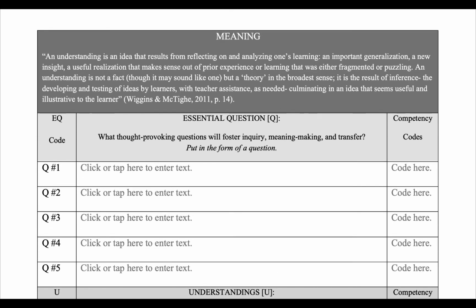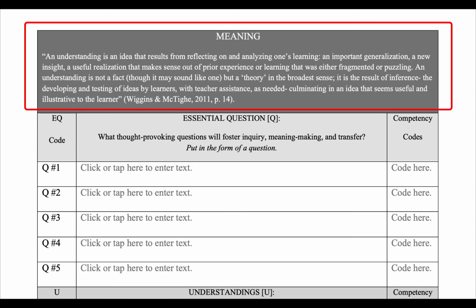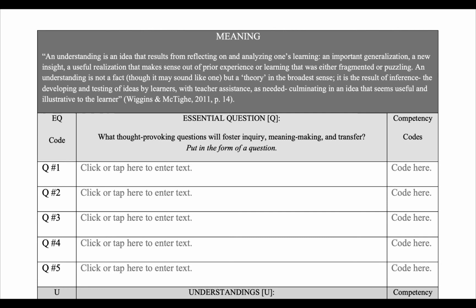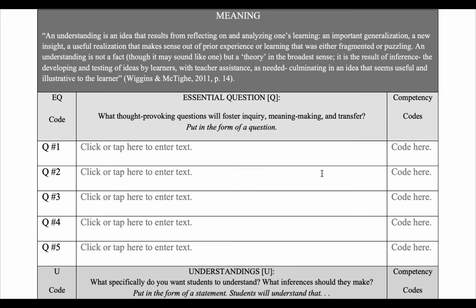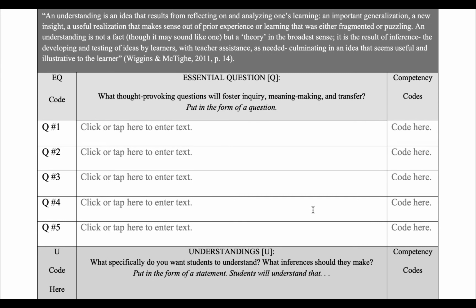The next section we're going to talk about is meaning. Meaning is when students are starting to pull together the skills and knowledge that they're learning in the class and starting to make connections. As part of the meaning, we're going to use essential questions and understandings.